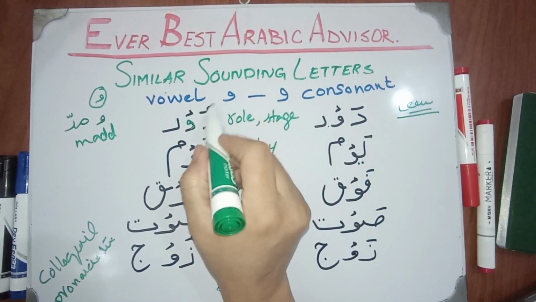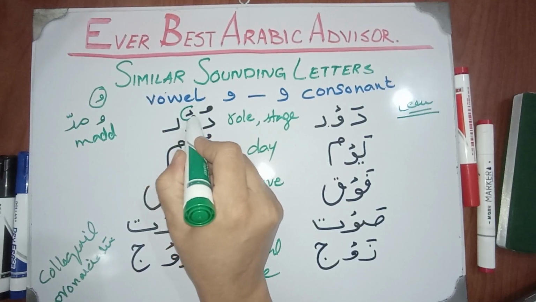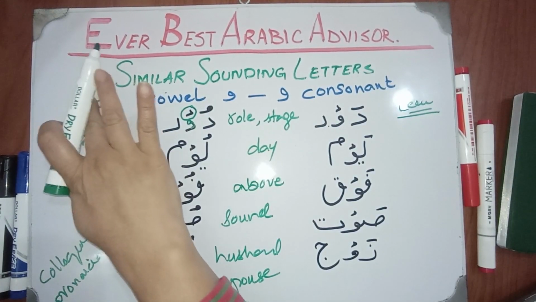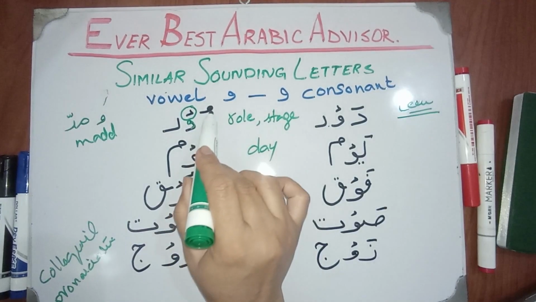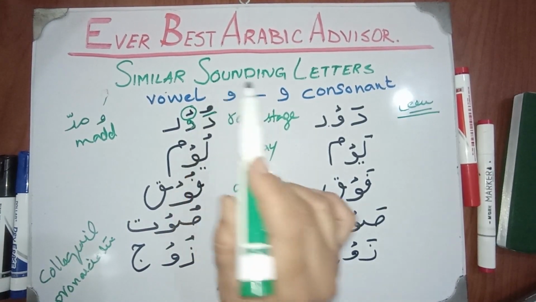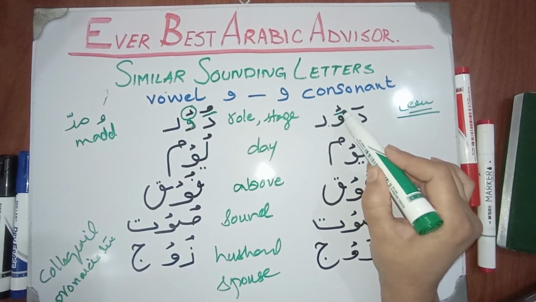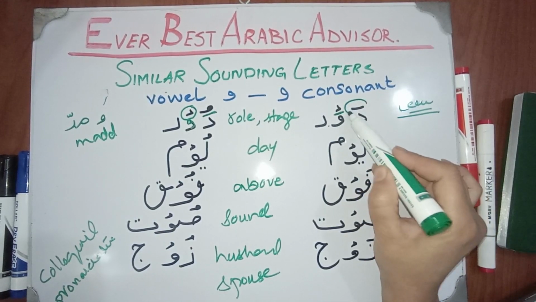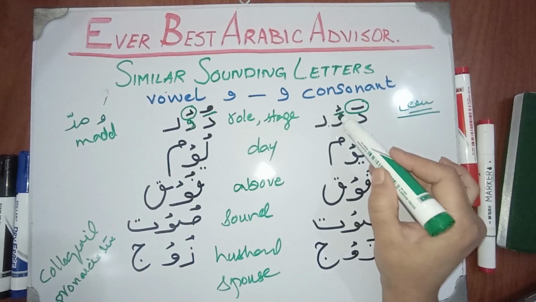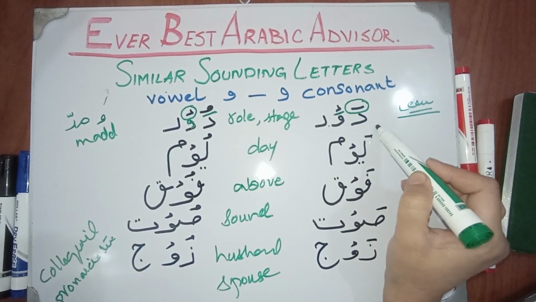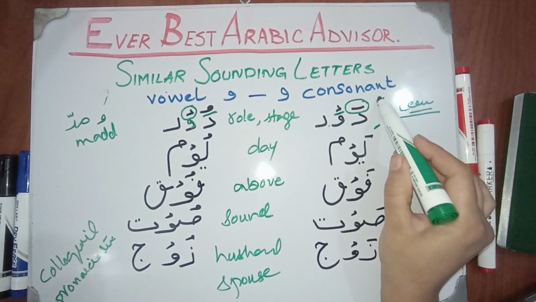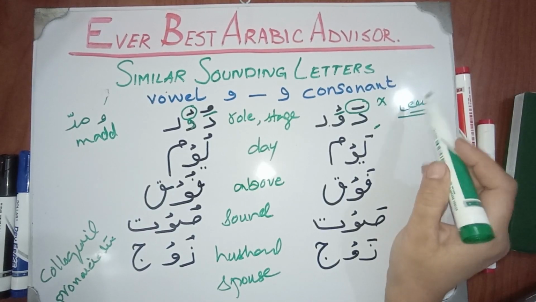Actually, dumma and waw both have the same shape. This is called the sukoon sign. Waw must have the sukoon sign and it should be preceded by dumma. And for lean, waw sukoon must be preceded by fatha. If waw sukoon is preceded by kasra, it is no more lean.